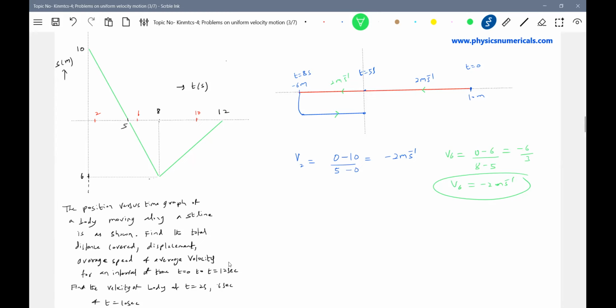And finally, it will be at minus 6 meter. It is like this, t equal to, yeah, this one only correct here.